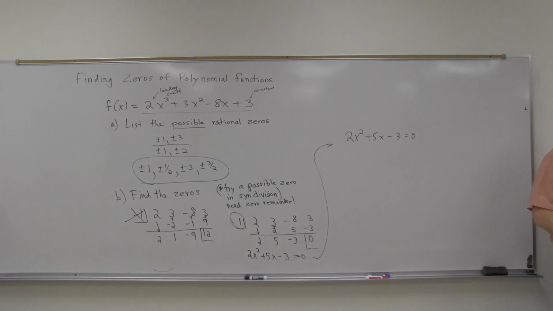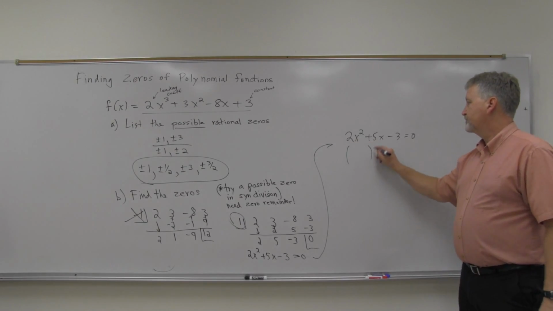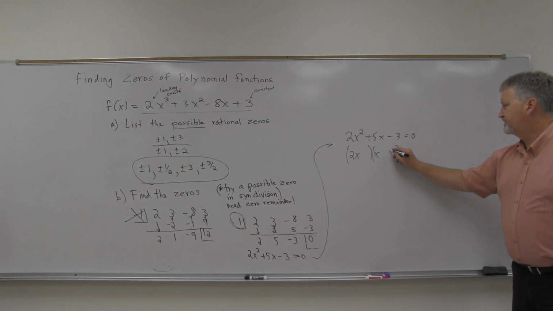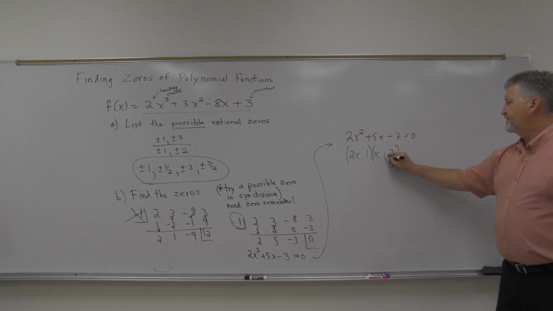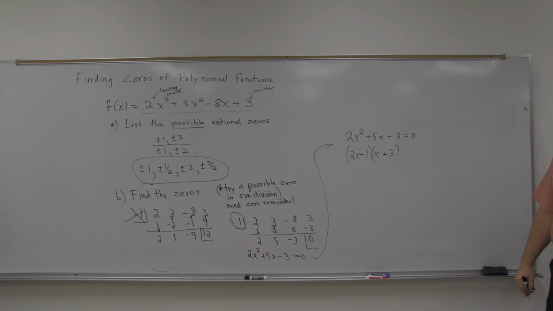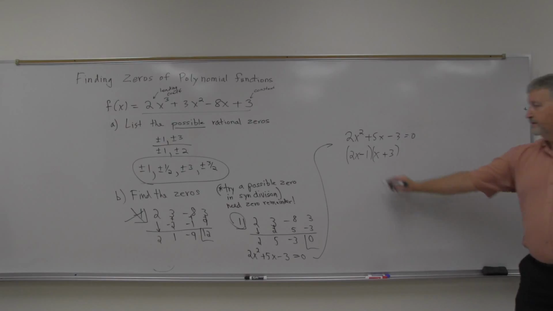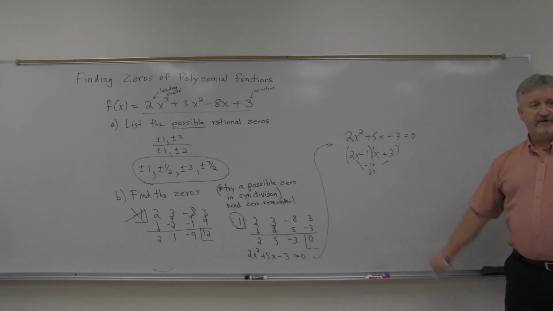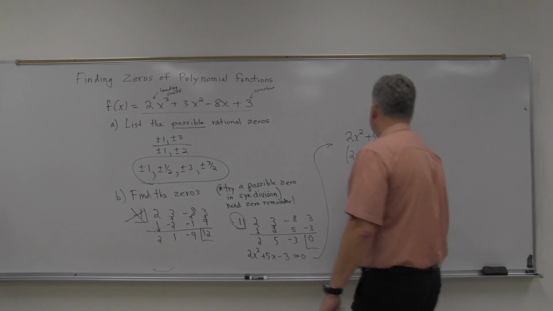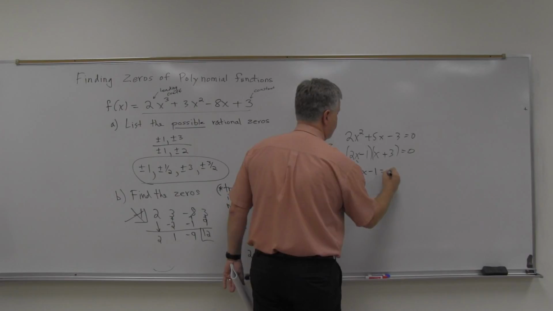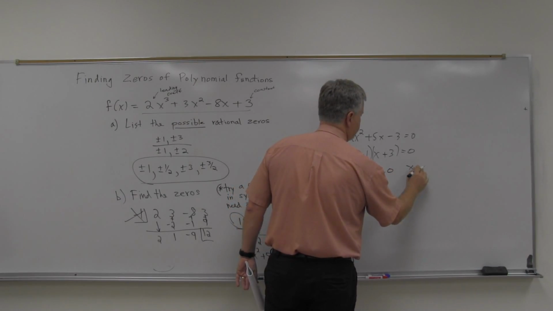We can use the quadratic formula, or we can use factoring. See, 3 and 1, plus 3 and minus 1: 2x minus 1 times x plus 3 will be the correct factoring. Does that work? That's 6x and that's minus 1x; add them, you get 5x. Okay. So setting each factor to 0 individually gives me my other zeros.